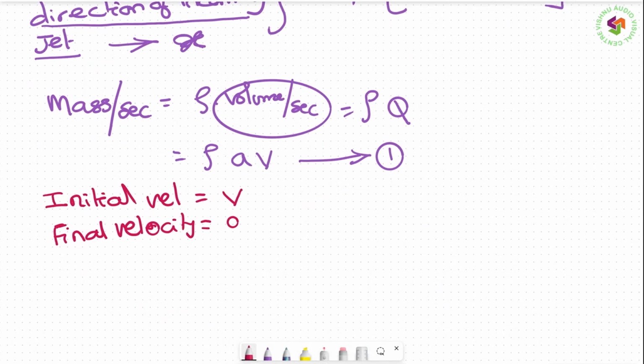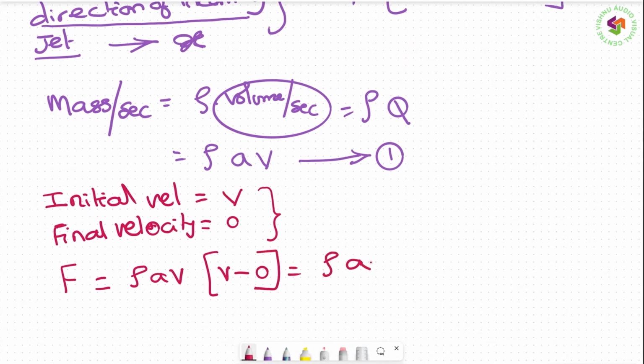So in the x direction the final velocity is 0. So now put it: F is equal to rho AV into initial velocity minus final velocity. It is nothing but rho AV square. Very simple. F is equal to rho AV square.